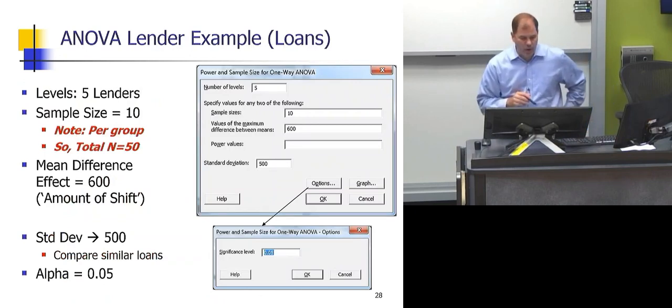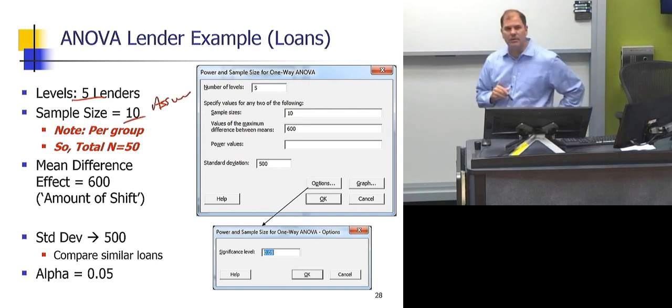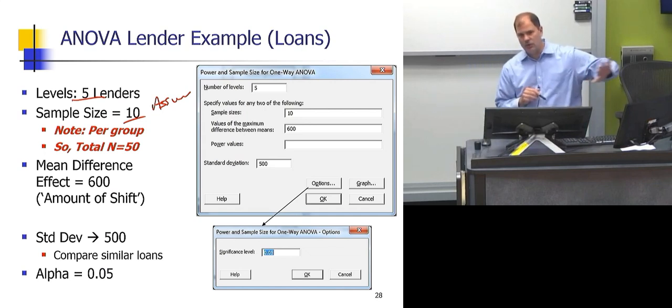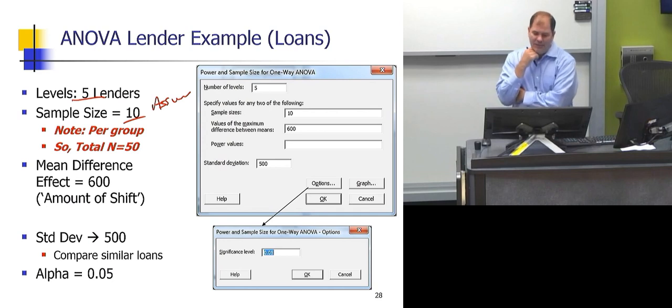Let's say we come back to our lender example. We've got 5 groups. Let's say we start out with this idea of, let's assume that we're going to go out and get a sample of 10 from each. Kind of ignore the actual experiment we already ran, but we're going to go out and say, you know what? I think I can get 10 for each group.